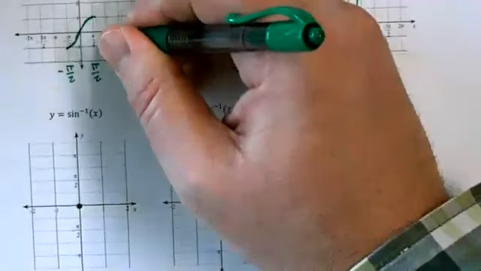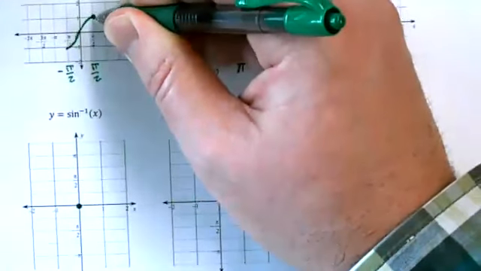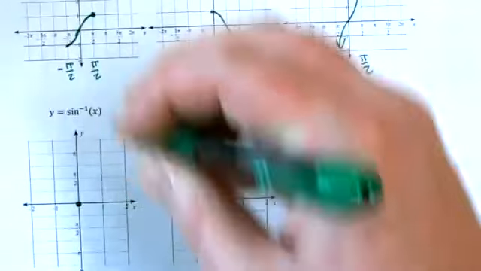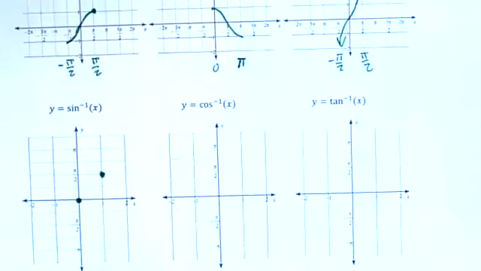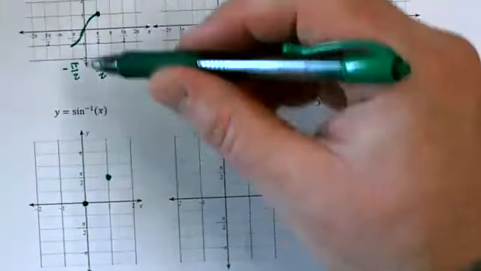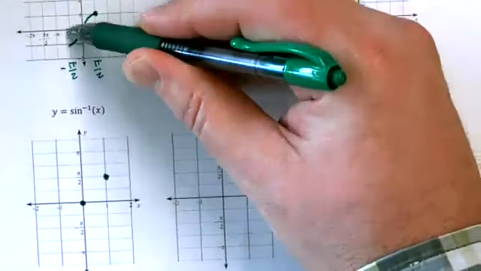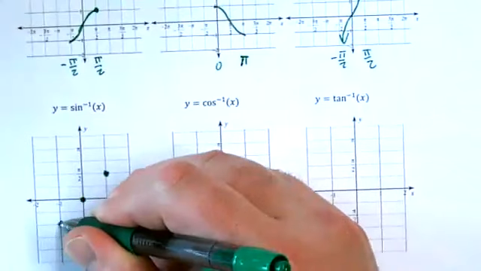This point right here is at pi over 2 comma 1. So flip those around, that would be 1 comma pi over 2. This point down here was at negative pi over 2 comma negative 1. So flip it around, that's negative 1 comma negative pi over 2.